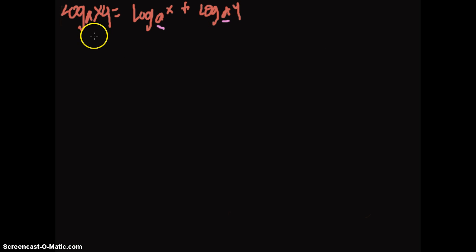If you look at it from right to left, it is being condensed. If you look at it from left to right, it is being expanded. Let me try to write it out. This is being expanded.